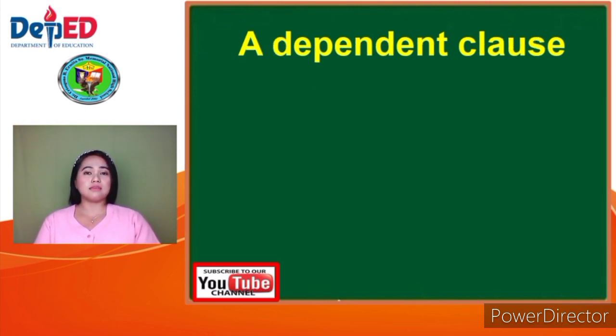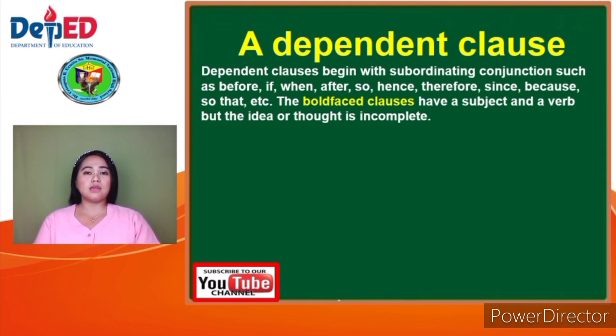A dependent clause. Dependent clauses begin with subordinating conjunctions such as before, if, when, after, so, hence, therefore, since, because, so that, and so on.